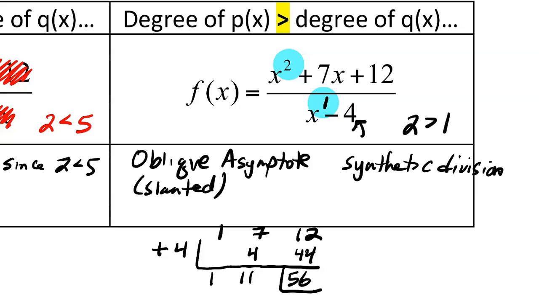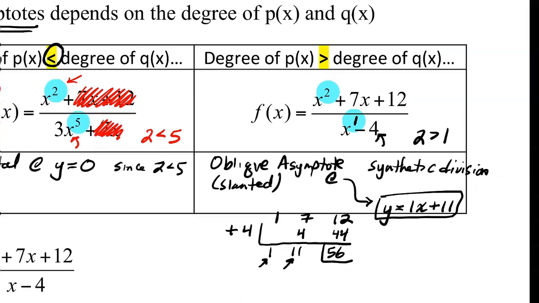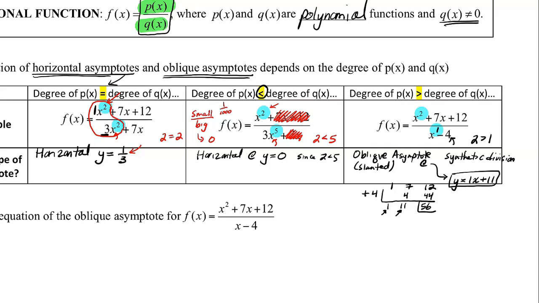So this would be the equation y equals 1x plus 11. So the location of the oblique asymptote is everything other than the remainder. So you get an oblique asymptote at y equals 1x plus 11. So those are the three things to look for when you're looking for, is it horizontal or oblique?